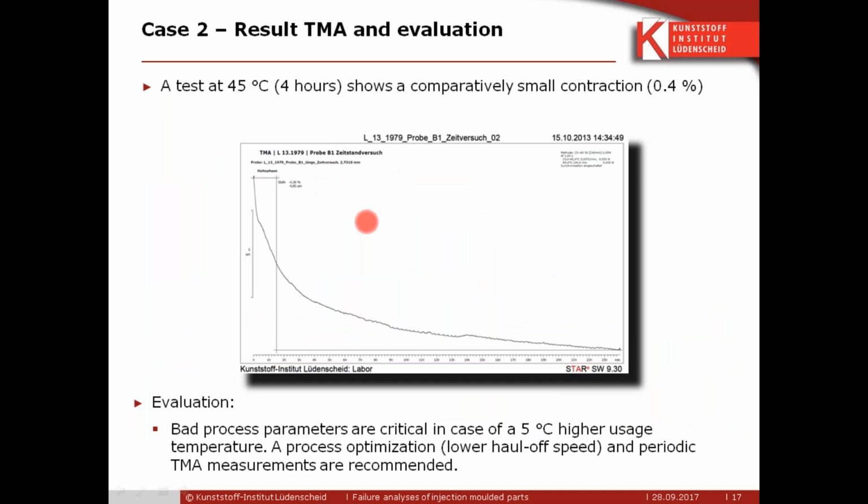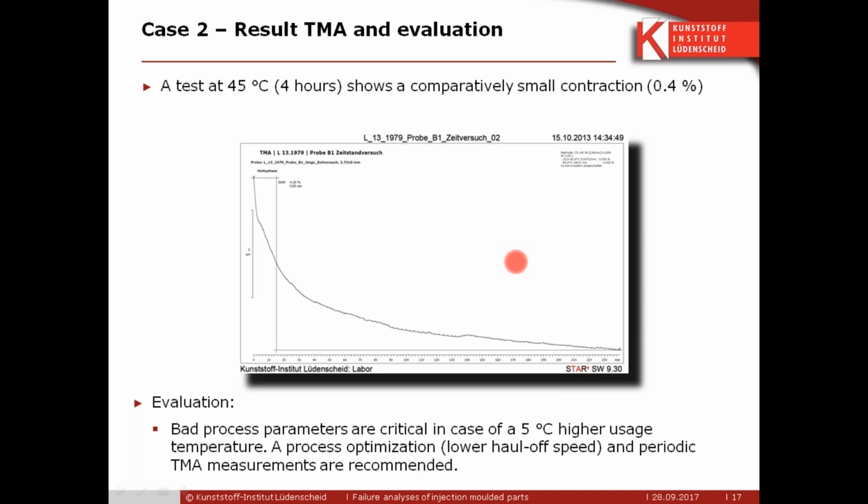Our customer asked us, okay, you have given us the root cause. We have a problem with shrinkage. We have bad process parameters, but is it really 5 degrees? Does that really matter? That's why we performed a second measurement, again with a new part. We tested a new part at 45 degrees for 4 hours and kept the temperature constant, other than here.